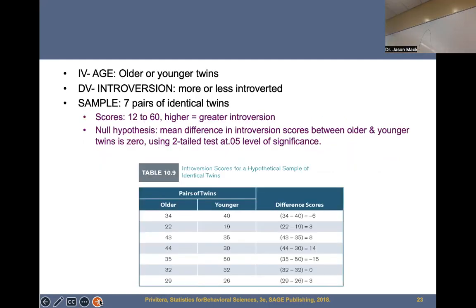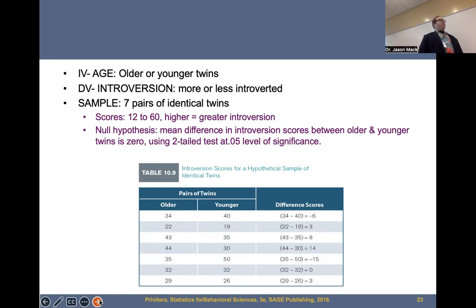So another one we can look at, or I can wait, make sure you all have that. Independent variable: age, older or younger twins. Dependent variable: introversion, more or less introverted. Sample: 7 pairs of identical twins.